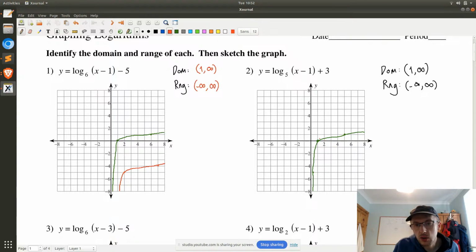And adding 3 translates it up by 3. So for this, 1 to the right, 3 up, there. 1 to the right, 3 up, there. And the asymptote is x equals 1.